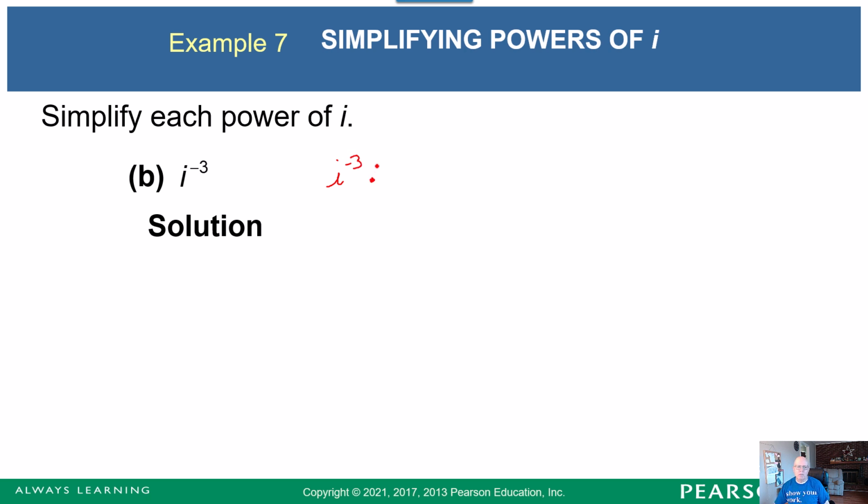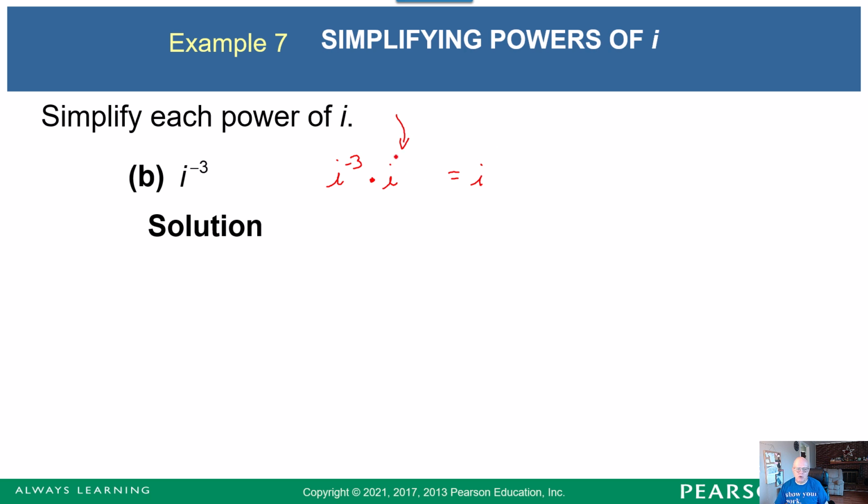We're going to multiply it by i to some power that's going to give us a positive number for a power of i.